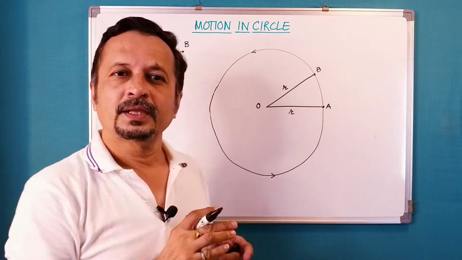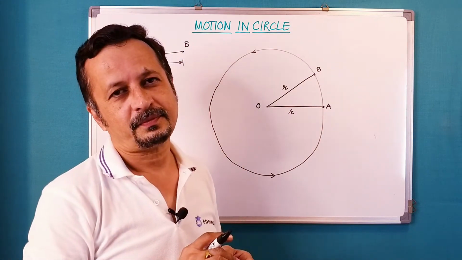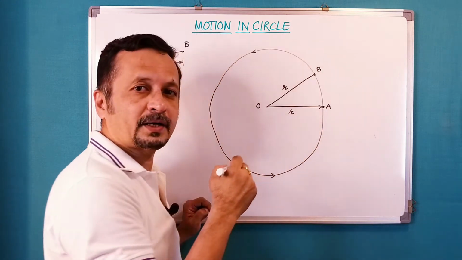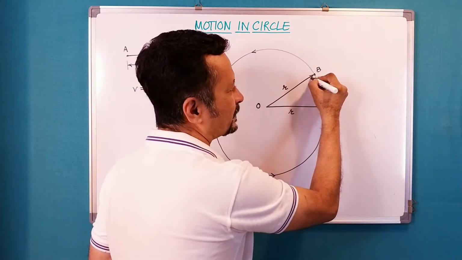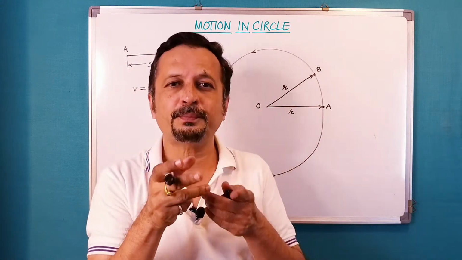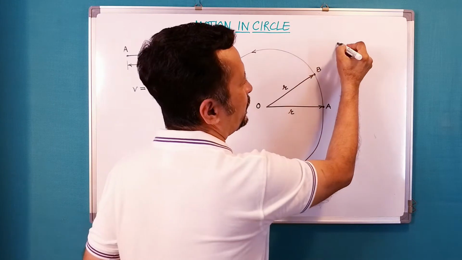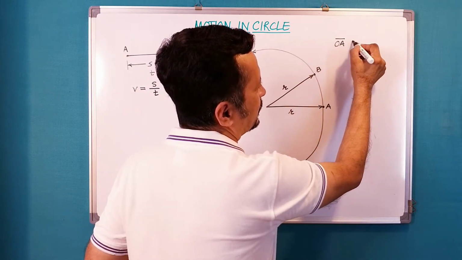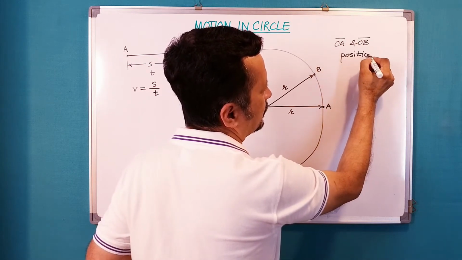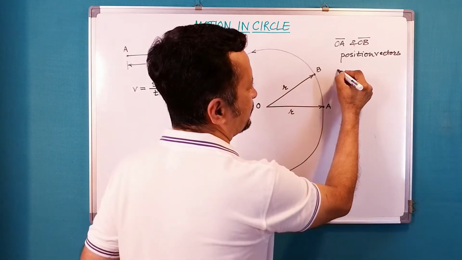But the position has changed with respect to the center of the circle. So for this purpose, we need to define this vector, OA bar or OB bar. OA bar and OB bar tell you the position of the particle on the circumference of the circle. They are called position vectors or radius vectors.